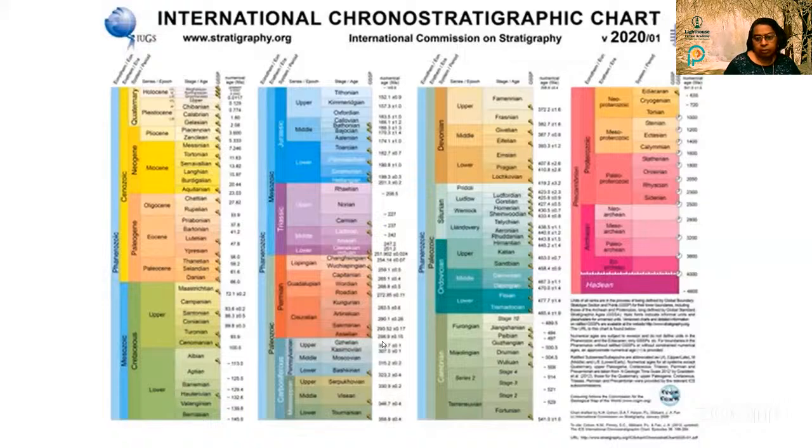It includes not just the names of the time intervals, but also their absolute ages, measured in millions of years, and determined from absolute dating methods. The chart is produced by a collaborative academic organization known as the International Commission on Stratigraphy.